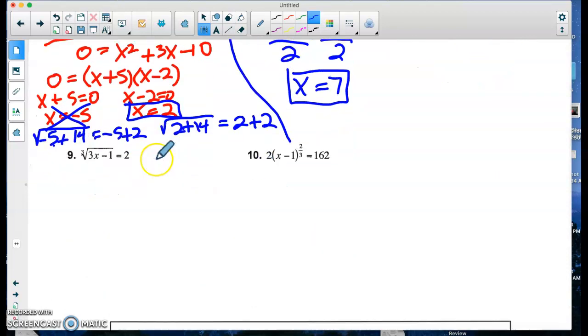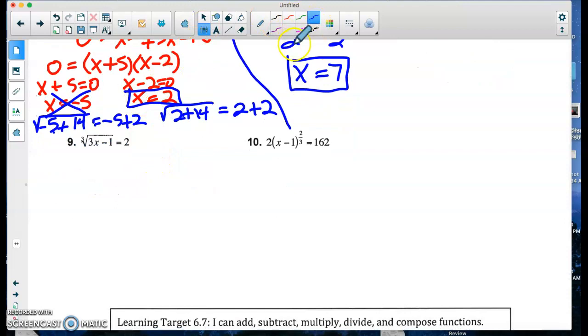On our next ones, this time we have a different type of root. So to get rid of a cube root, we need to cube both sides. So reminder, you do the opposite of your root. This side again, cube root and a cube are canceling. I'm left with 3x minus 1. On this one, I have 2 to the 3rd, which is 8. And then again, we're just doing our algebra skills. We're solving.